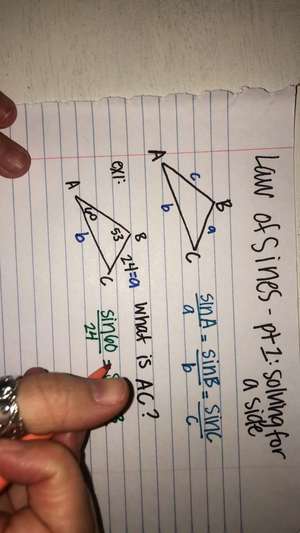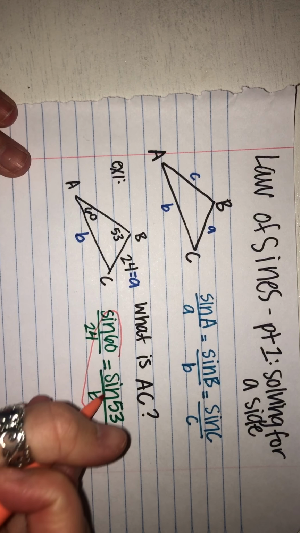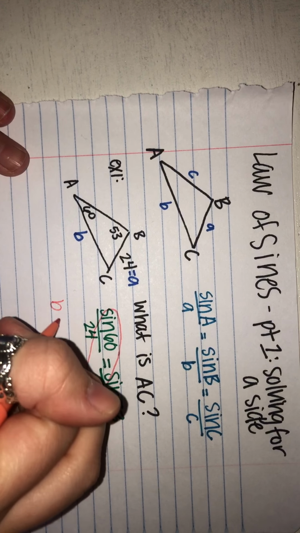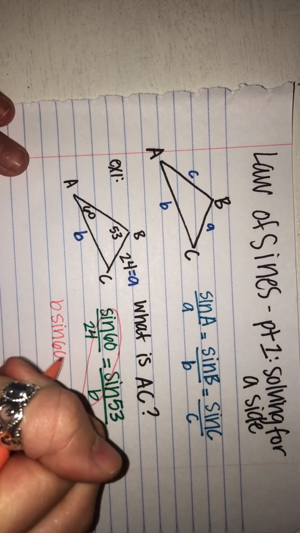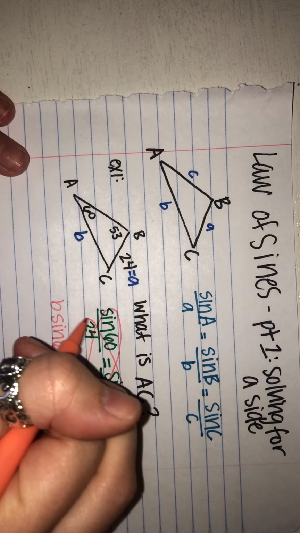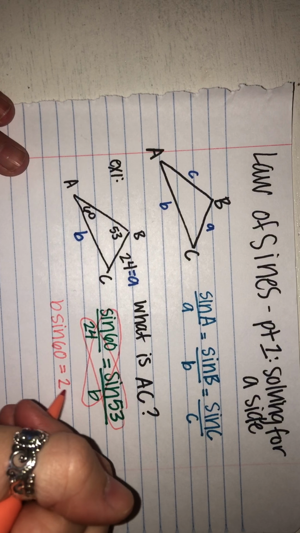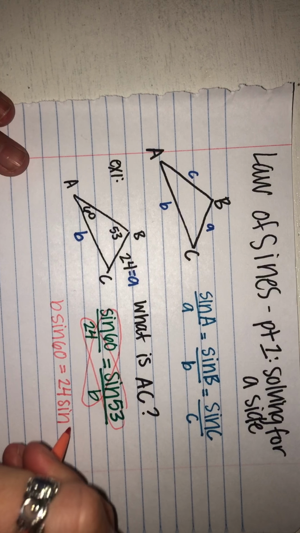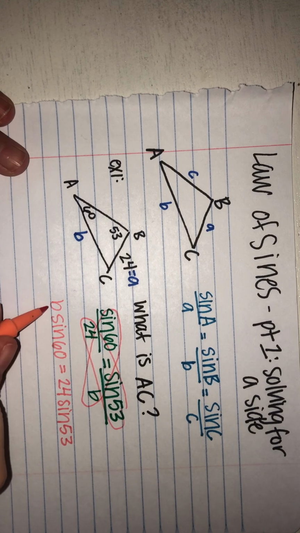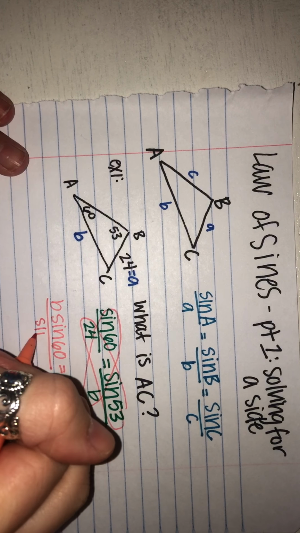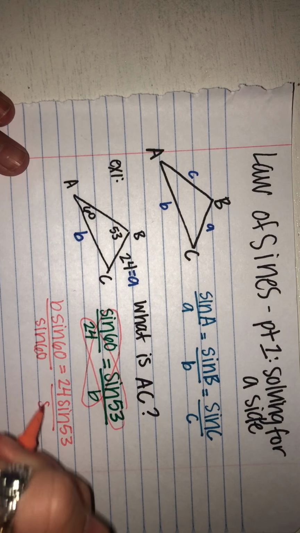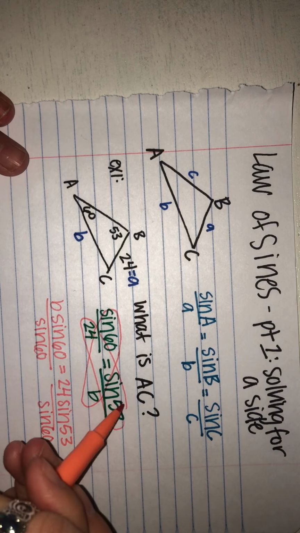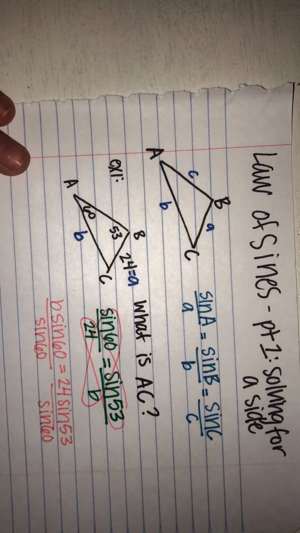So I'm going to multiply these two, and I'm going to multiply these two, and I will divide by this one, by sine of 60. So again, you cross multiply, divide.